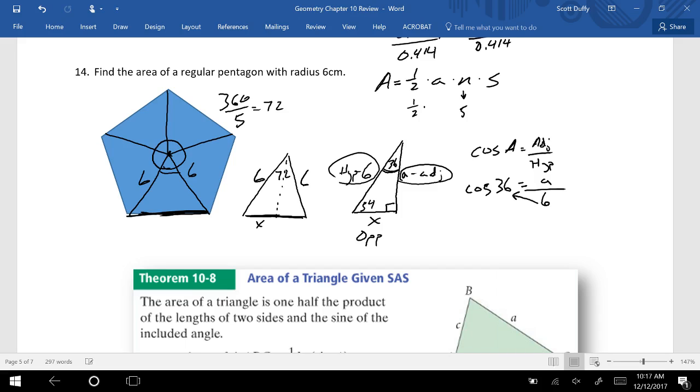Multiply by 6. Sorry, you guys like to cross multiply. Let me do it that way. So 6 is over 1. So take 1 times A. You get A. 6 times the cosine of 36 is 6 cosine 36.